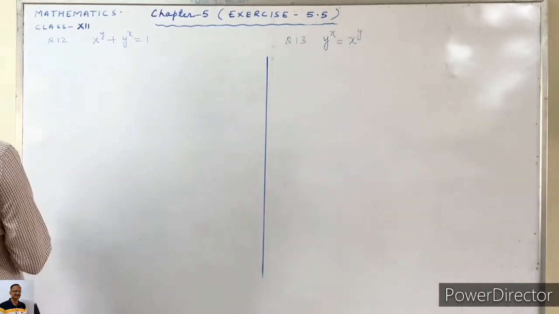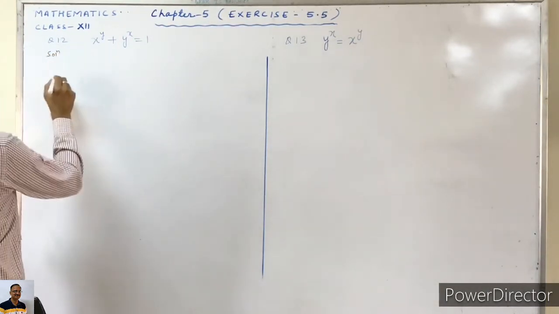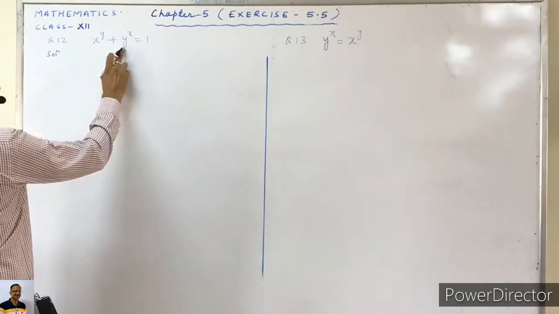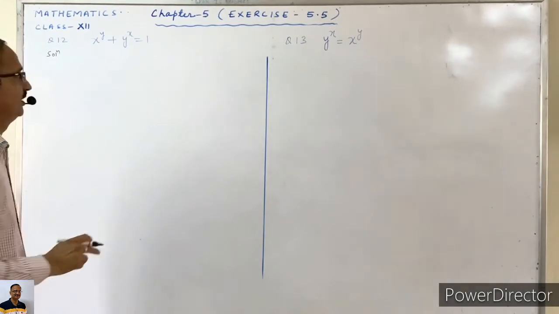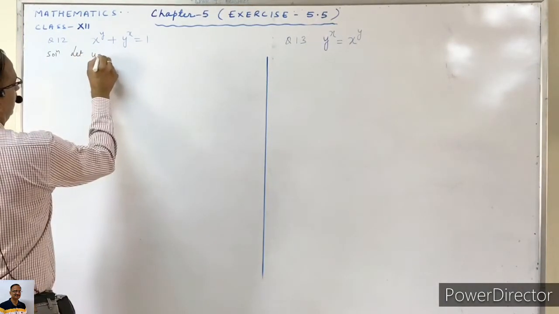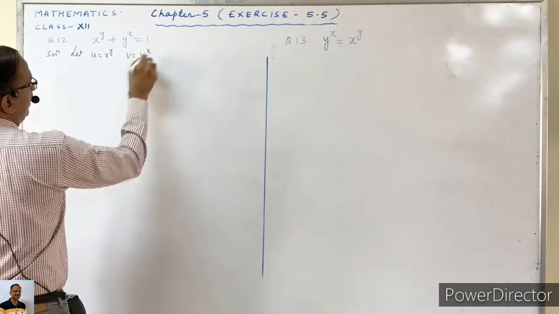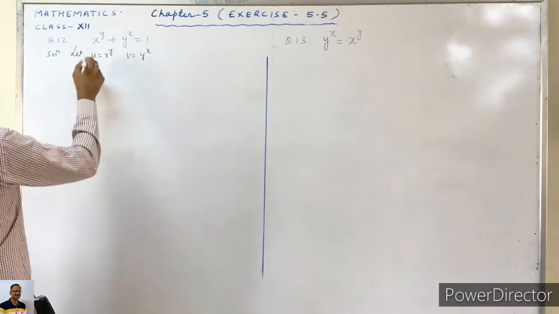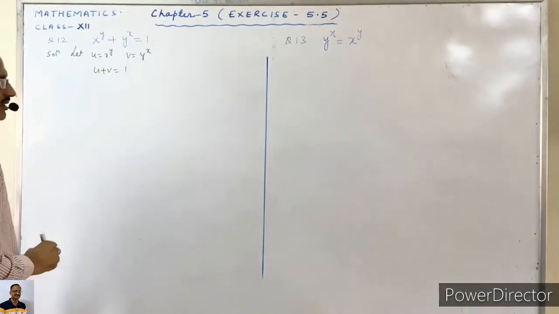So we will solve this as, first of all we will assume these two functions as u and v. So let u equals to x raised to power y and v equals to y raised to power x. Then this given function is u plus v equals to 1.